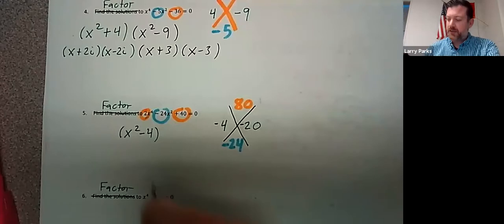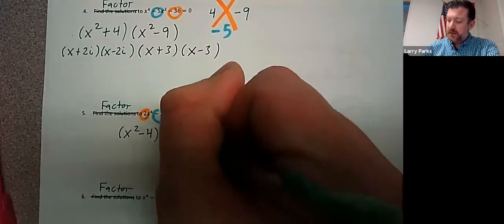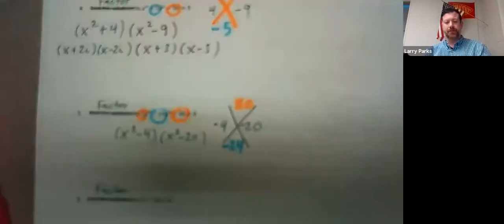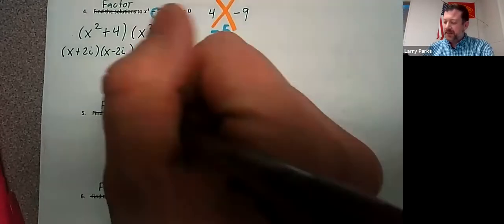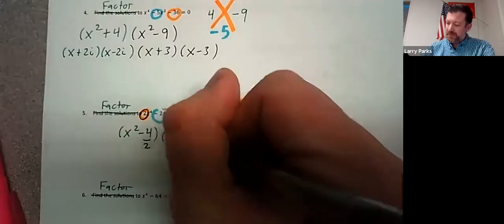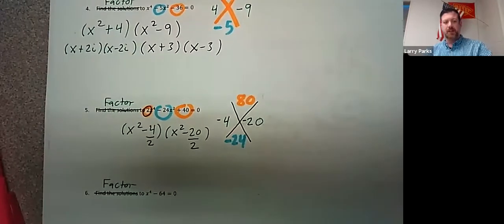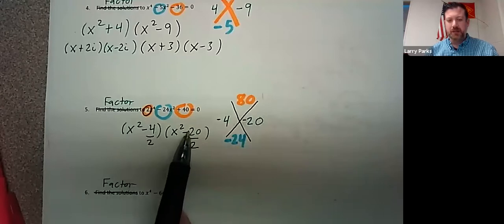And I would do x squared minus 20. However, and I know it's been a while since I've covered this, you divide by this 2 right here. So you divide both of these by 2. And if it reduces, you reduce, like 4 divided by 2 is 2. 20 divided by 2 is 10.